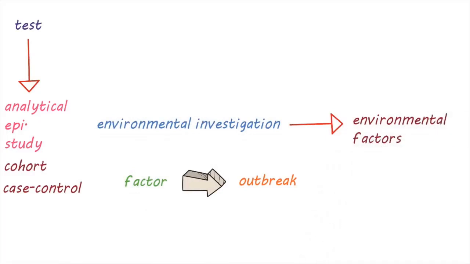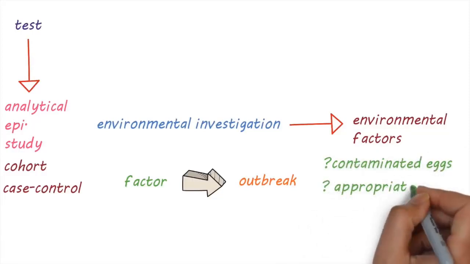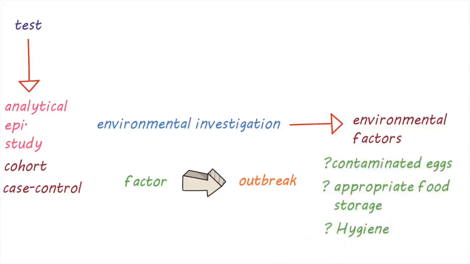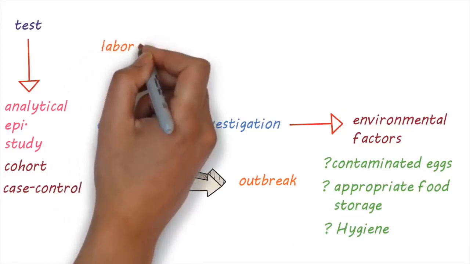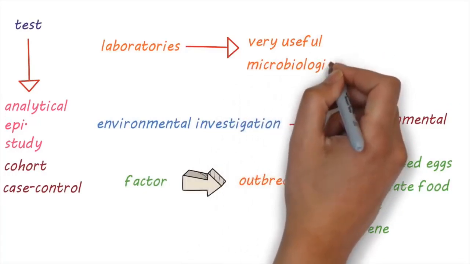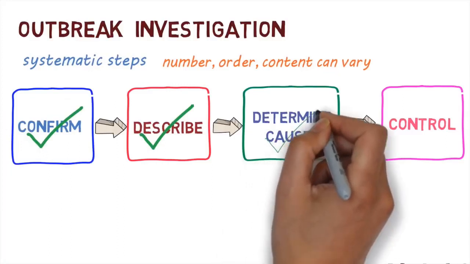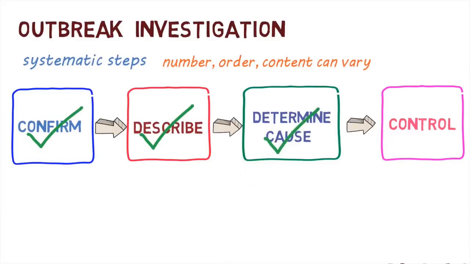For example, in a foodborne outbreak, the environmental investigation could identify factors like contaminated eggs, improper food storage, or poor hygiene standards that may have contributed to or caused the outbreak. Laboratories are very useful as they can provide microbiological information to confirm the hypothesis. And that concludes our third step of determining what could have caused the outbreak.